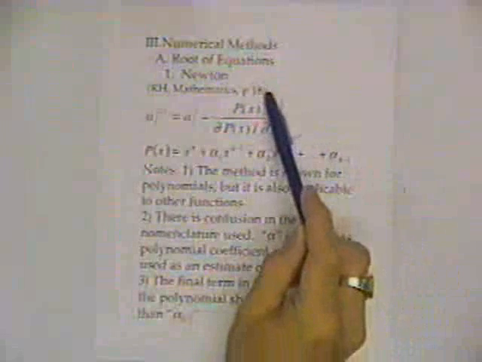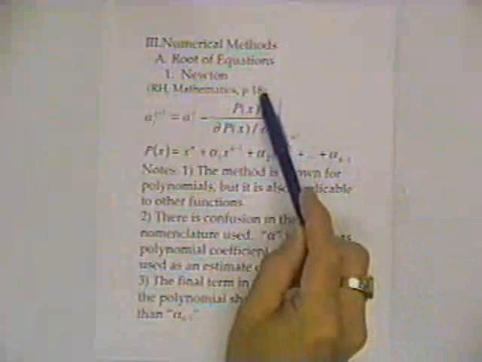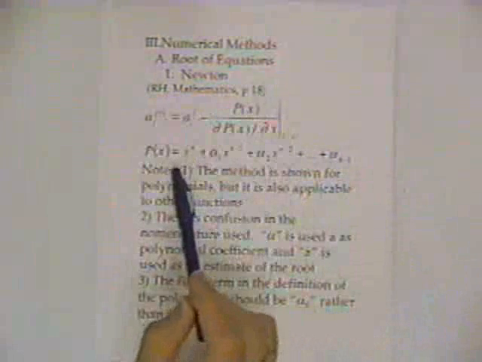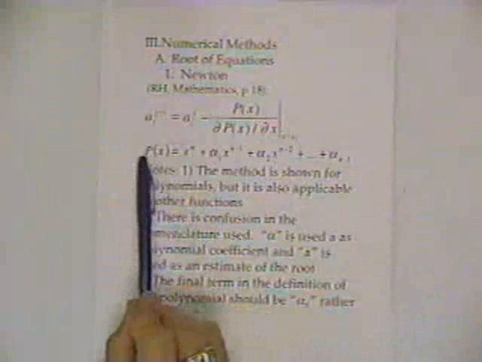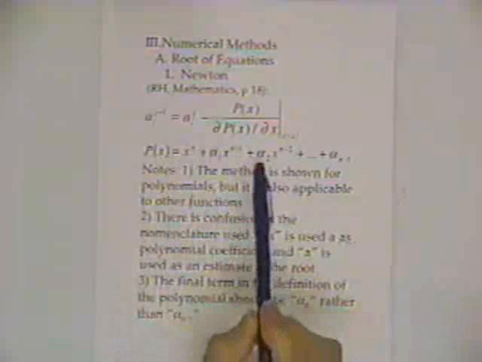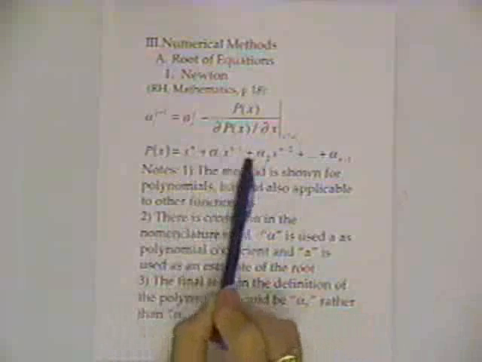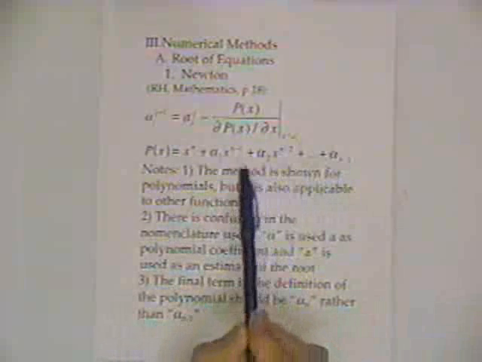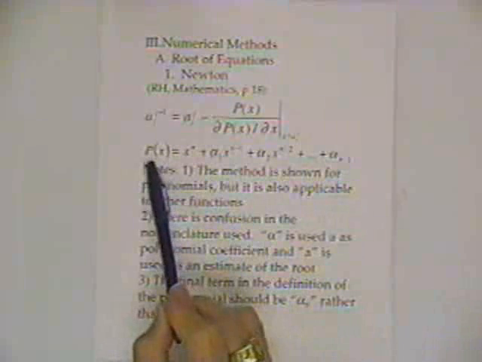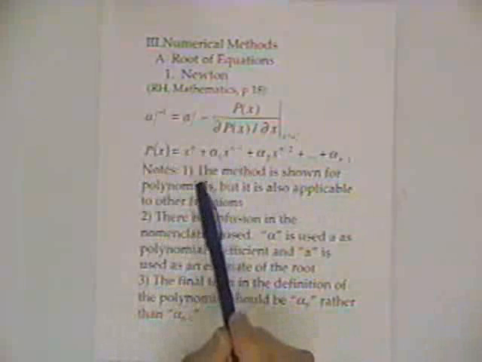The source of this is the reference handbook, the mathematics section on page 18, and it's presented as shown here. What you're trying to do is find the root of an equation, represented in this symbol by p of x, and the reference handbook shows it as a polynomial equation. Keep in mind that any equation of x could be solved using Newton Method.